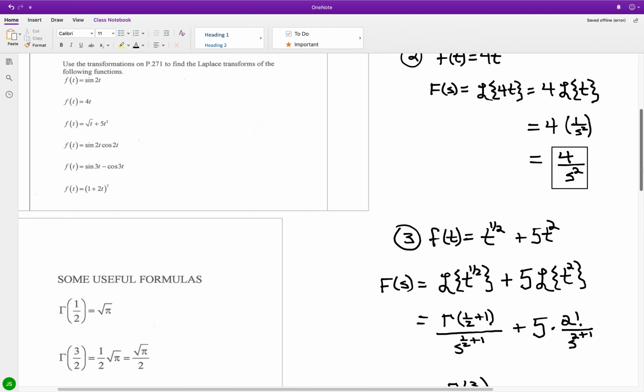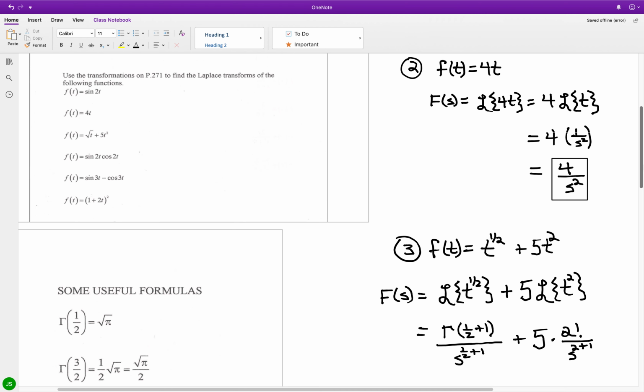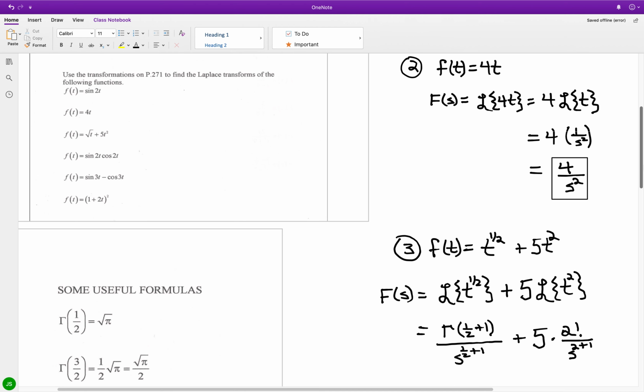All right. For the next item, we have sine of 2t times the cosine of 2t.